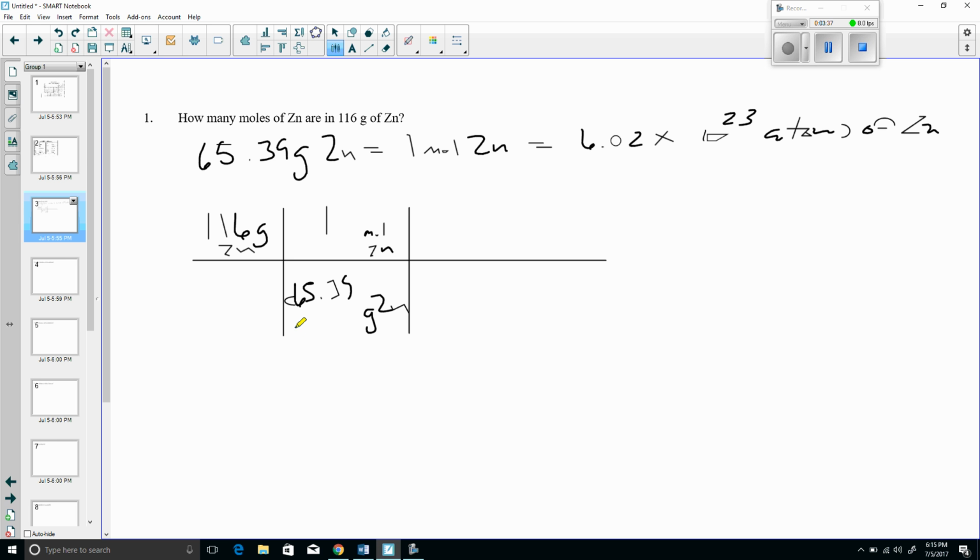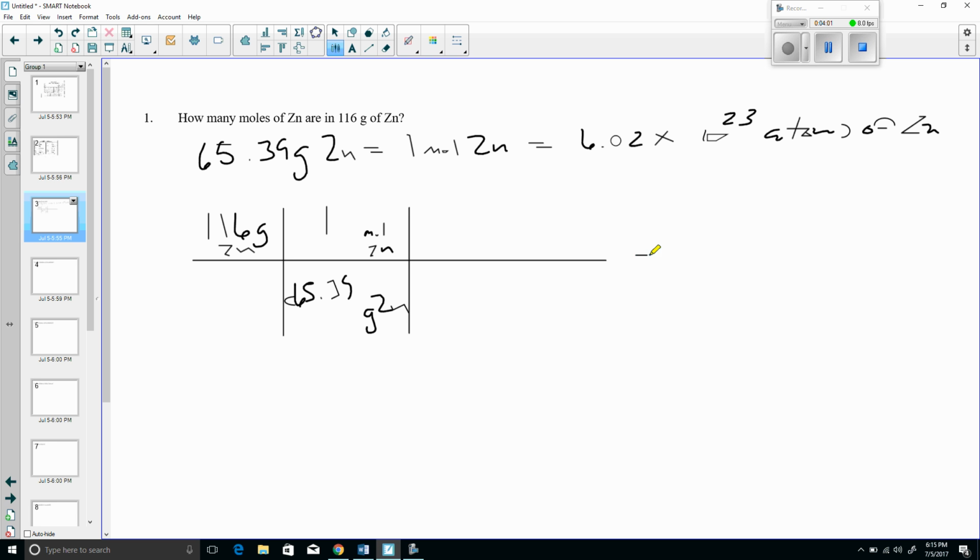Now, all we have to do is solve the problem. We know that, now, when we're looking at these brackets, the first thing you're always going to do is multiply everything on the top, and then you'll divide by whatever's on the bottom. So what we have is 116 times 1, which is 116.